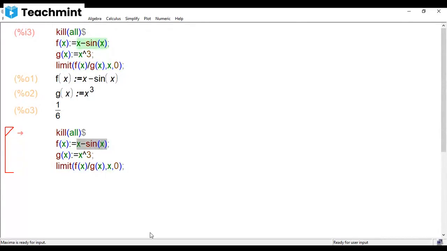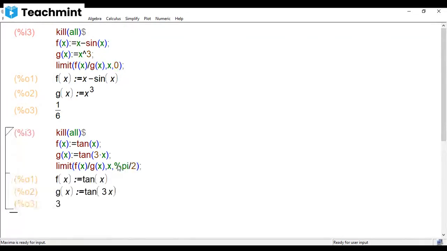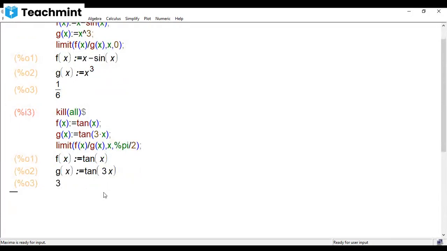So we have to assume numerator as tan of x divided by tan 3 into x, and the limit is f of x divided by g of x, that is infinity by infinity, and limit at which you are finding is pi by 2. So percentage pi by 2. See, have we got 3? Yes, sir. Okay, next.